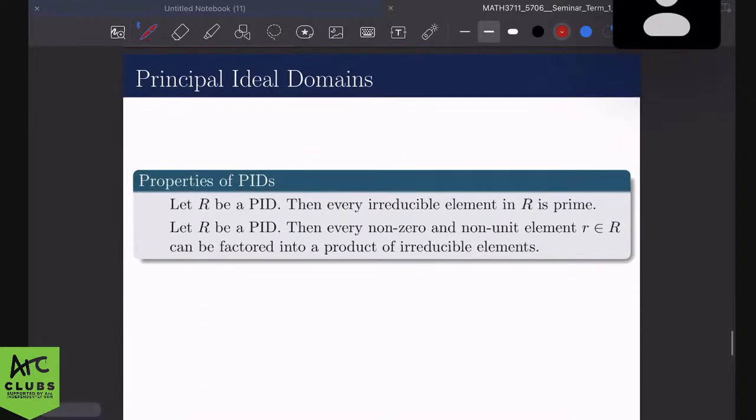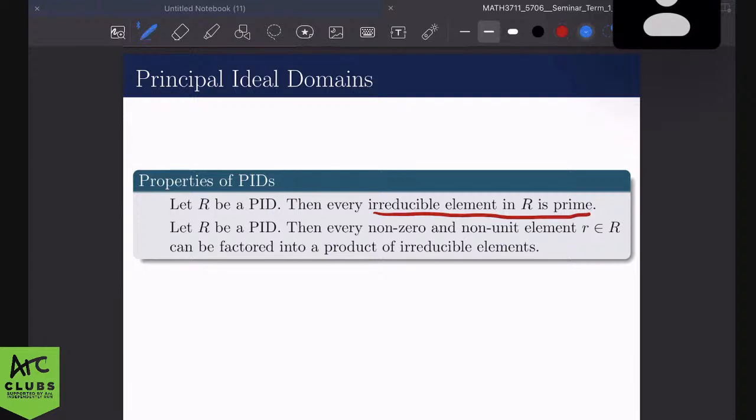And so in this principal ideal domain, it can be shown that every irreducible element is prime, right? And we also know that it's true that every non-zero element and every non-unit element can be factored into a product of irreducible elements.